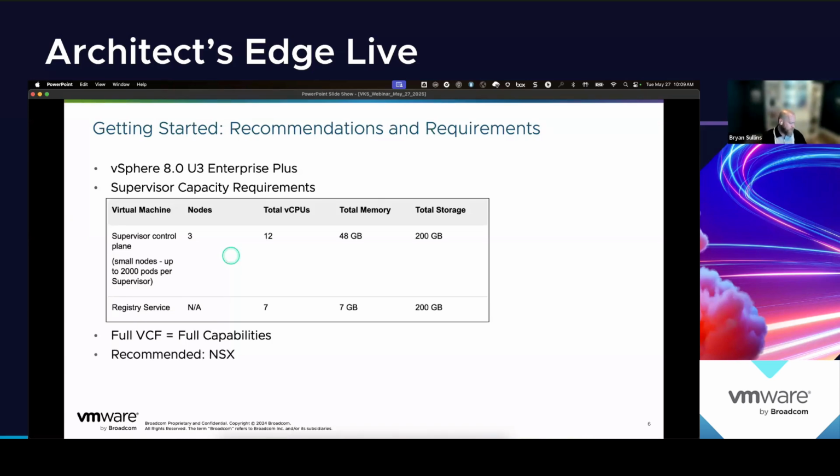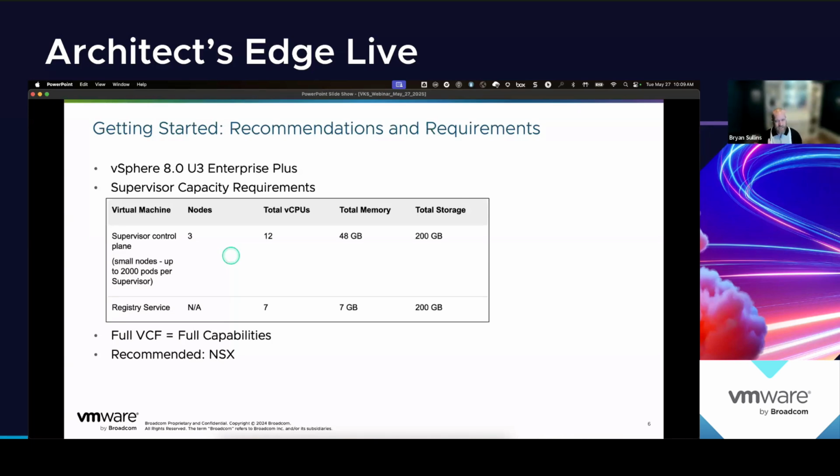There are some other ones too, and this is the more myth busting. One of the myths that I hear is, oh, is VMware going to require me to run NSX? Is it going to require me to run vSAN? And the answer is, well, we're of course going to recommend those things, leading to a much better integrated cloud-like experience, absolutely. But they're not required for VKS in this case.